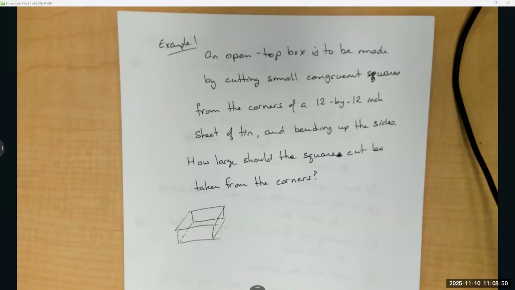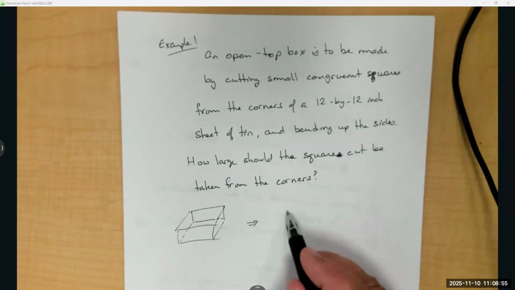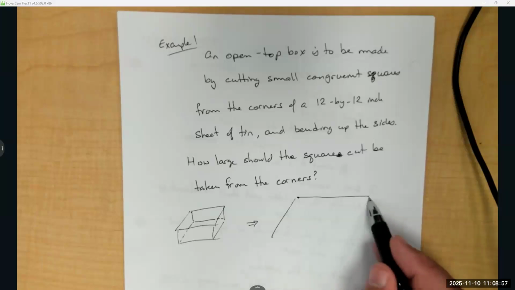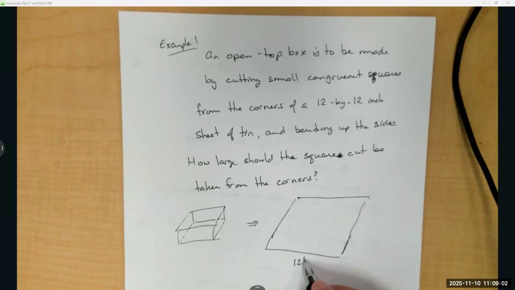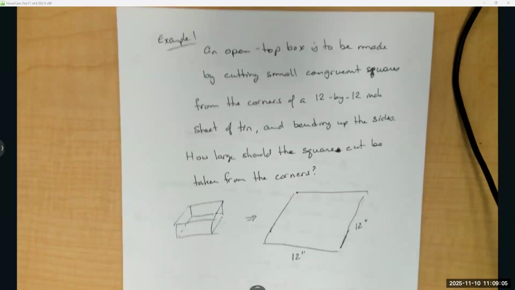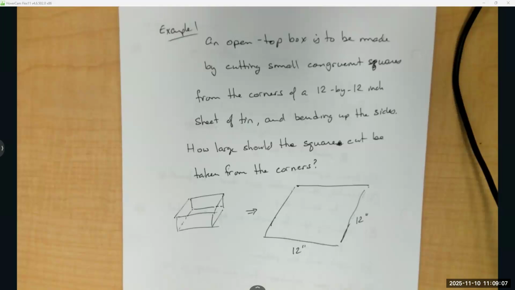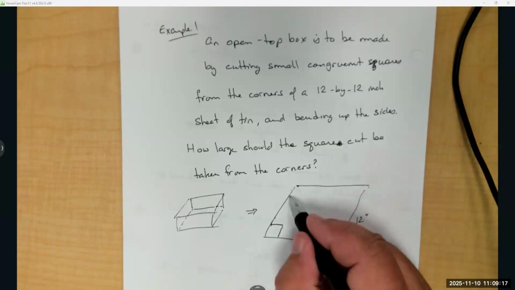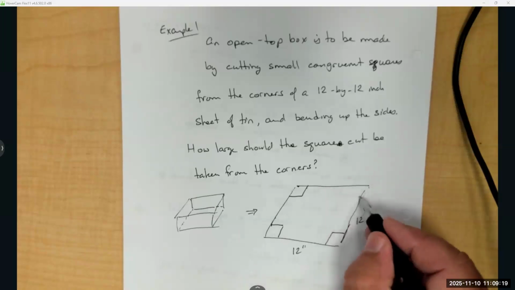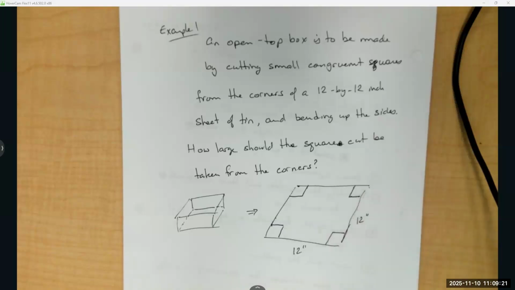So this box is cut from one sheet of tin that's 12 inches by 12 inches. What you have to do is cut these corners, and they all have to be the same size to get what?